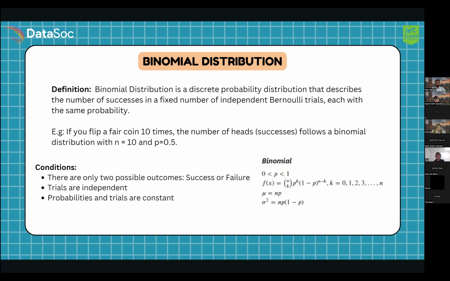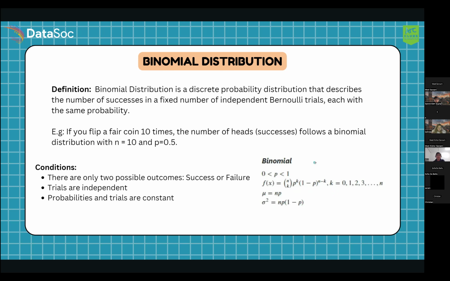To calculate the probability of getting a certain number of successes, we can use the probability function formula, which states that we take n, the number of trials, choose k, the number of successes we want, times the probability to the power of the number of successes, times the complement of that probability to the power of the number of failures. And this works for all k values from 0 all the way up to n, the number of trials.